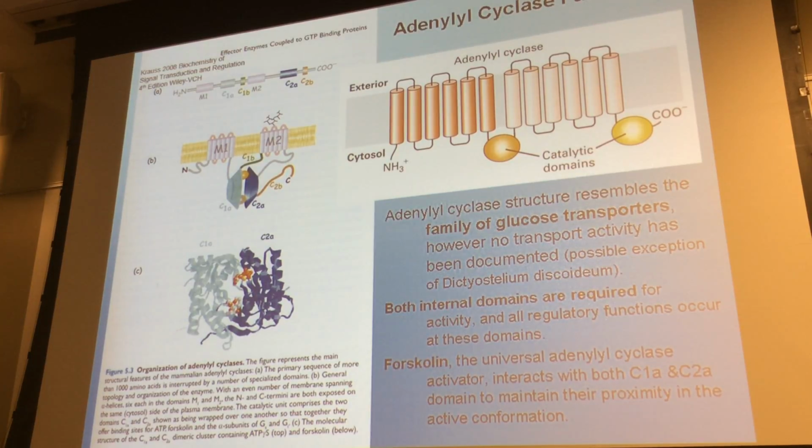But then when it's hydrolyzed by water, the cyclic AMP and the remaining pyrophosphate are delivered to the other half of the catalytic site. So that's why you need both of them. You can't function with only one of these. You have to have one that takes the substrate and the other one that accepts the product in this particular enzyme situation.